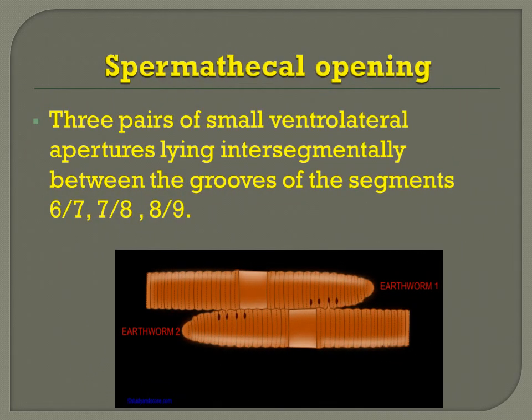The next pore is the spermathecal opening. It is present on the ventrolateral sides. Listen, these are 3 pairs of small ventrolateral apertures lying intersegmentally between the grooves of segments 6 and 7, 7 and 8, and 8 and 9.